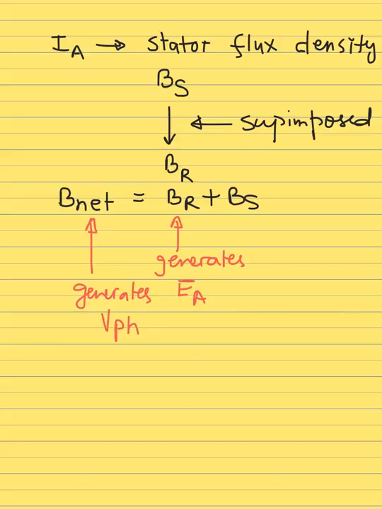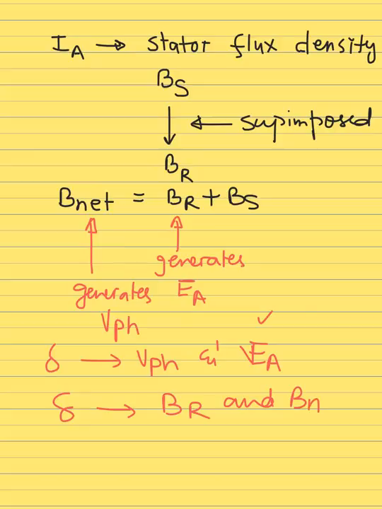And then there's an angle delta between V phase and E_A. It's the same angle which is between B_R, because B_R is generating E_A, and B_net.